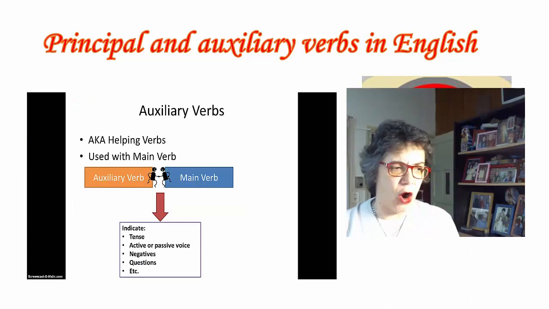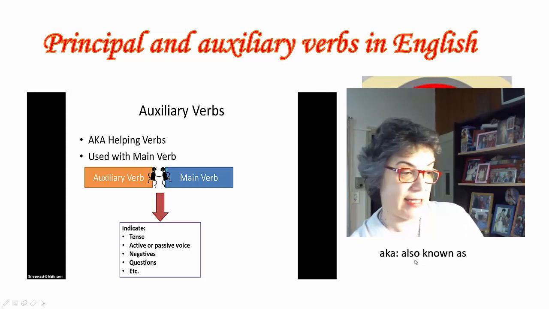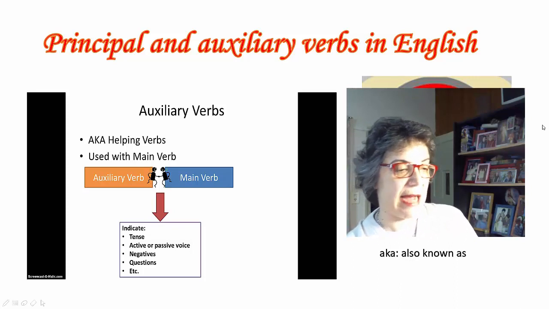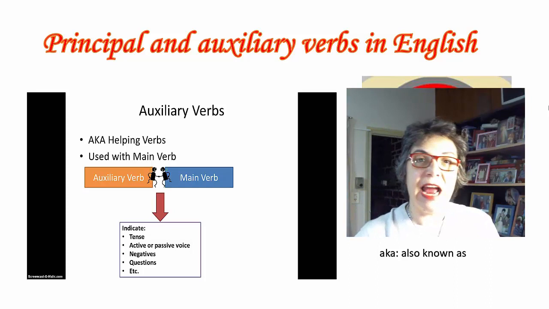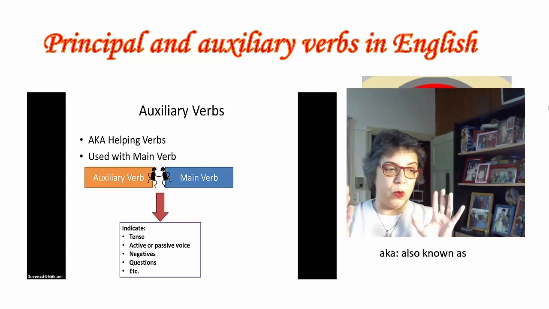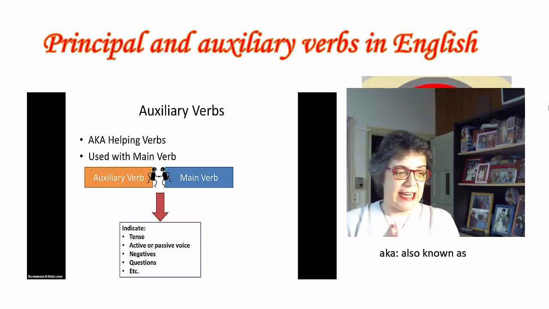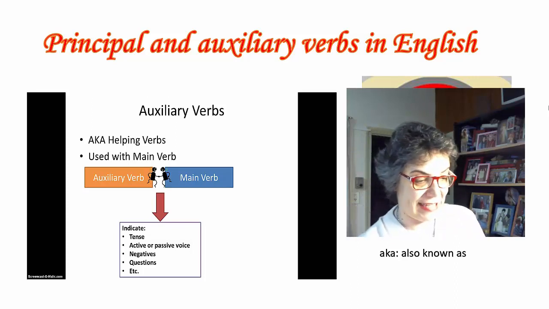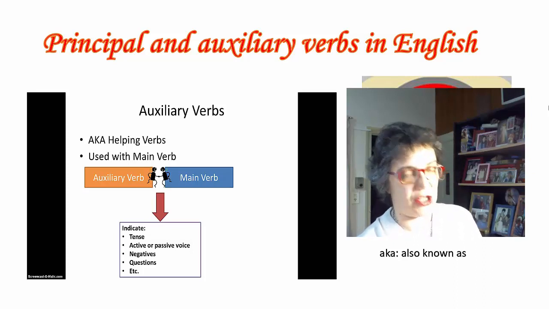So auxiliary verbs, also known as helping verbs, that is what the AKA stands for, also known as. The auxiliary verbs, also known as helping verbs, are used with the main verbs. They are necessary. They indicate tense. They can work in active and passive voice sentences. They do work in negatives, in questions.